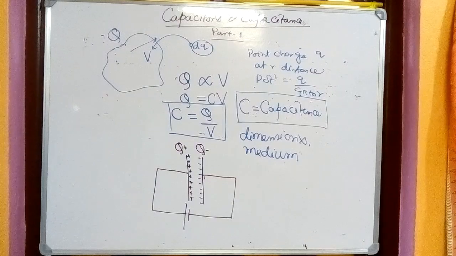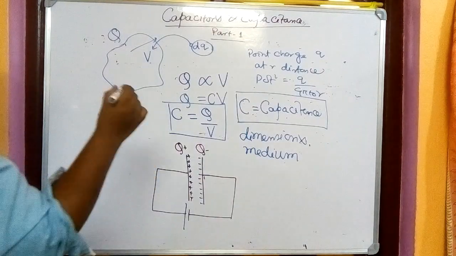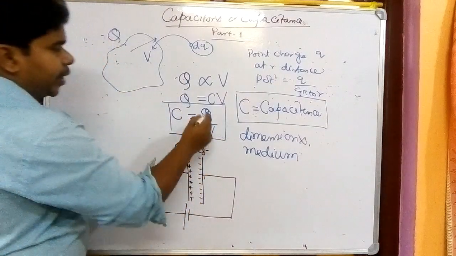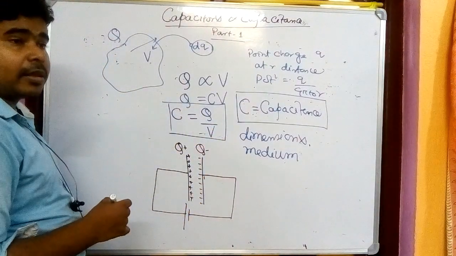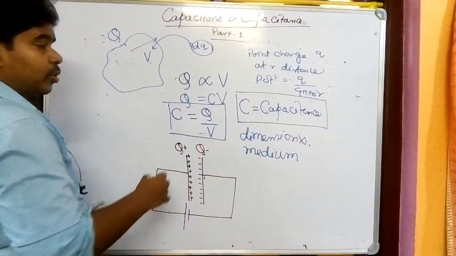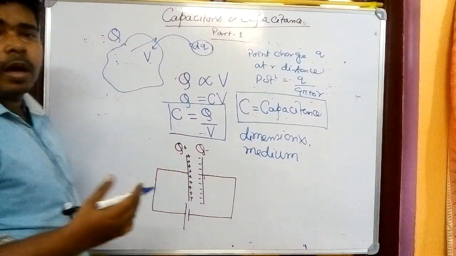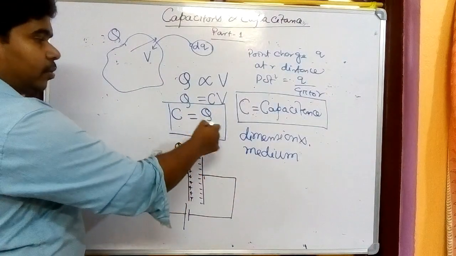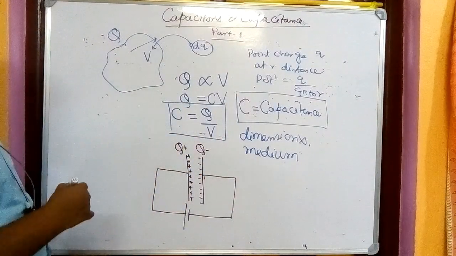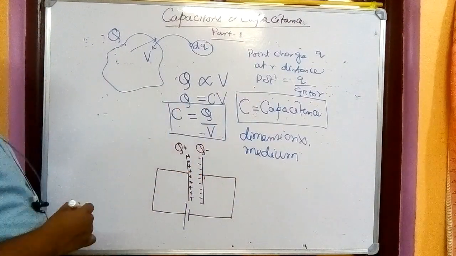If I know the charge of a conductor and the potential, we can find the capacitance. But to tell the truth, capacitance doesn't depend on them. Now you may ask, how, sir? Simply we can calculate the capacitance by this, but why is it not depending on them?